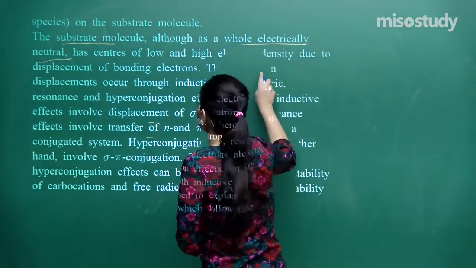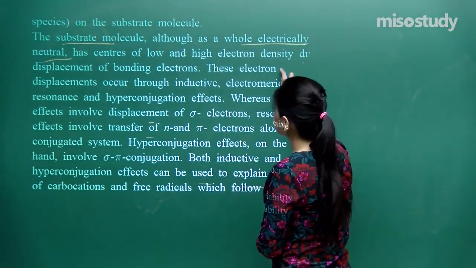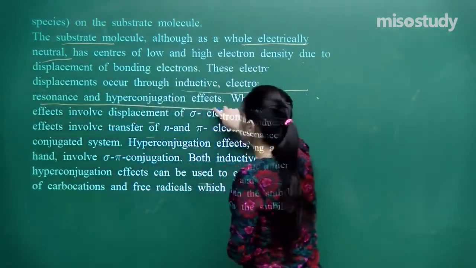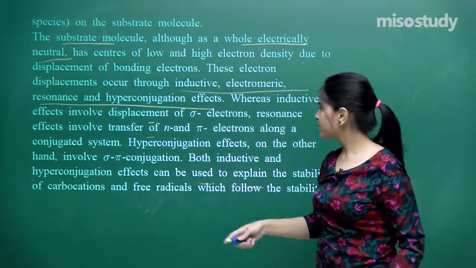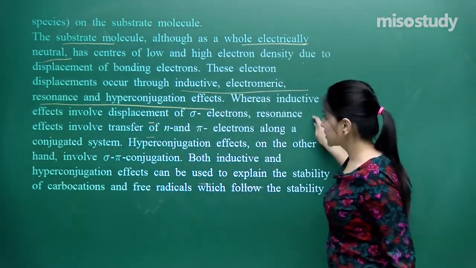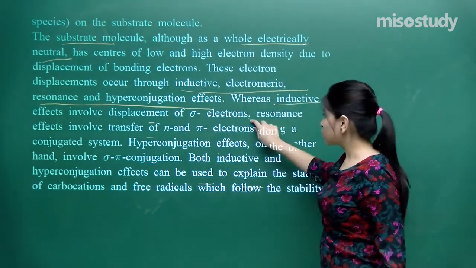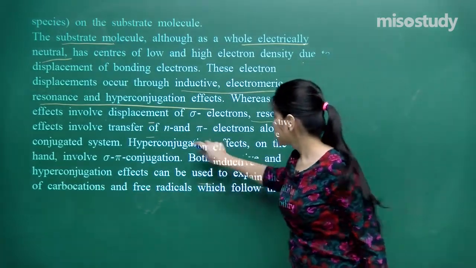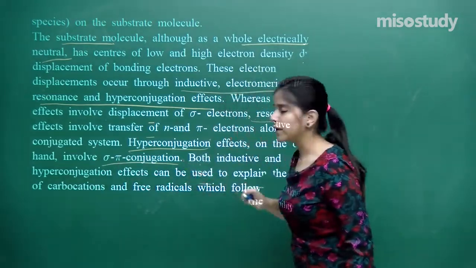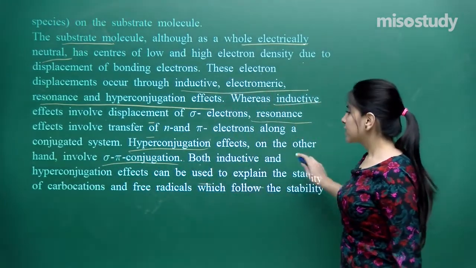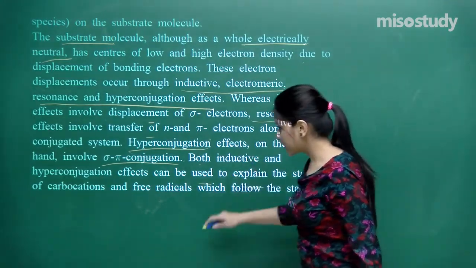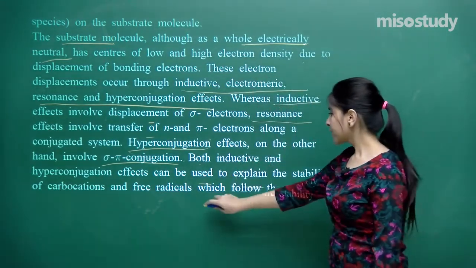So that means these displacements of electrons are due to inductive, electromeric, resonance, hyperconjugation effects, and so on. Whereas the inductive effect, now they are telling us about the inductive effect, they are telling us about resonance, we all know that. They are telling us about hyperconjugation, and it involves sigma pi, we all know that. Both inductive and hyperconjugation can be used to explain the stability of carbocations, definitely yes.